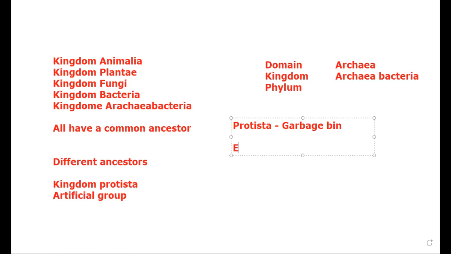Protista. So if you go inside Protista, you will see a variety of organisms. Only one thing they will have in common. All of them will be eukaryotes. Protista members are eukaryotes.